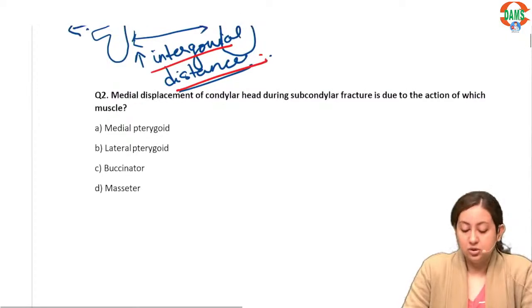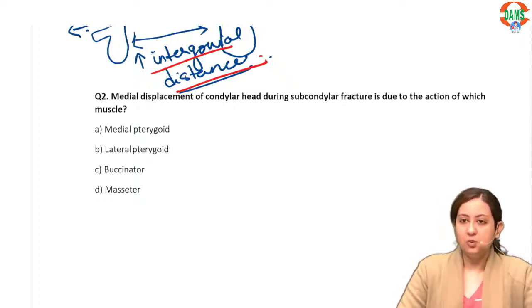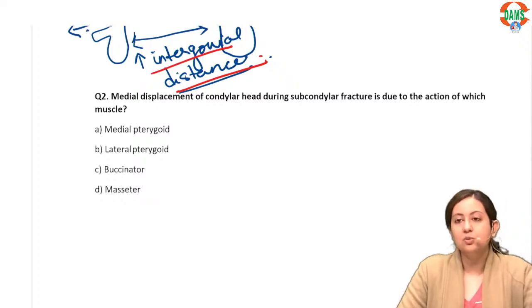Now let's come to the second question. Medial displacement of condylar head during subcondylar fracture is due to the action of which muscle? Again, this is a repeat question, a direct, straightforward question.